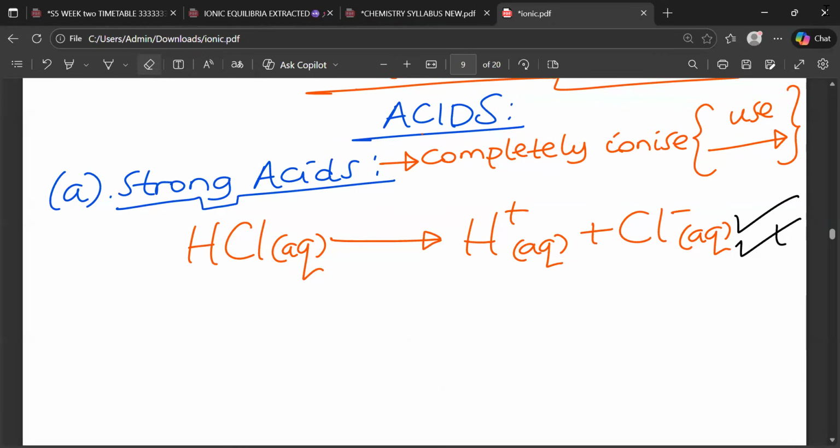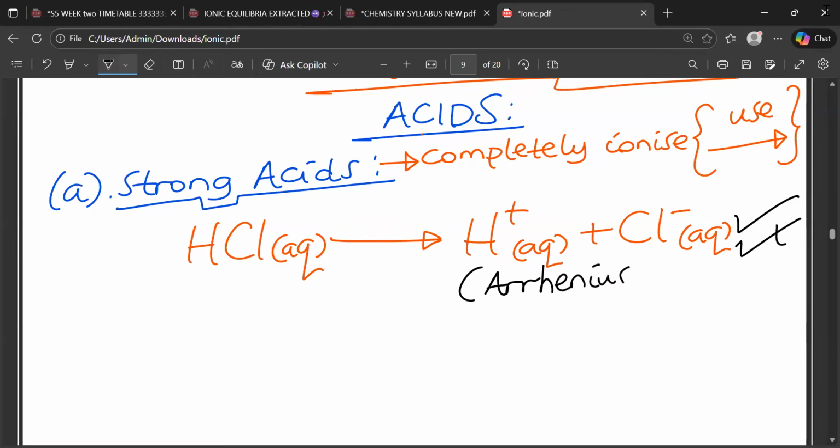Now, because we are just producing the hydrogen ions, this is where Arrhenius comes in. I told you that we shall talk about the equations of the theories here. This one was Arrhenius, so when I do that, I mean Arrhenius, ARR.